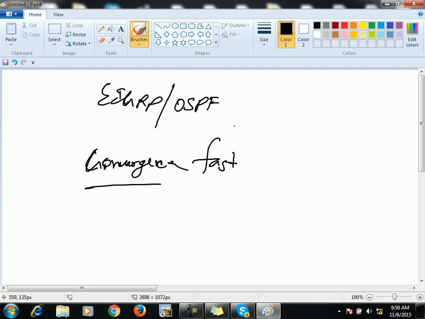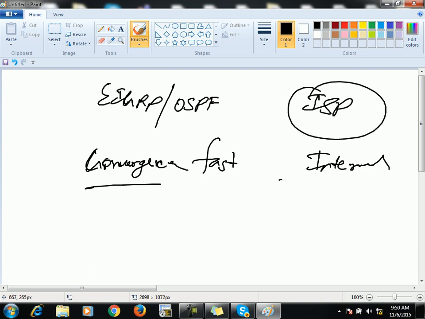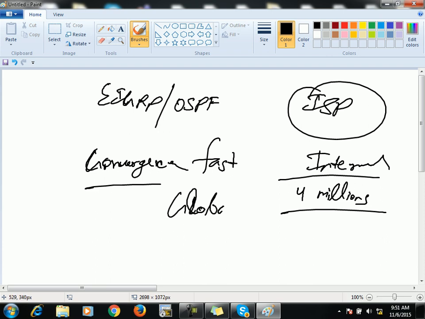Now the point is that if you take an example of the ISP or internet routing table, in today's network, the internet routing table has around 4 million routes. Currently we have around 4 million routes available in the routing table of the internet. That is also called the global BGP table.